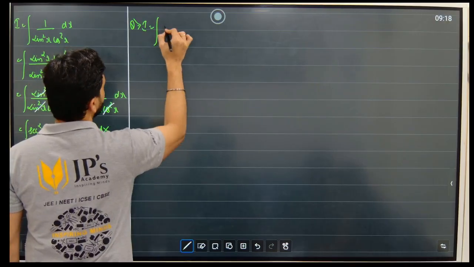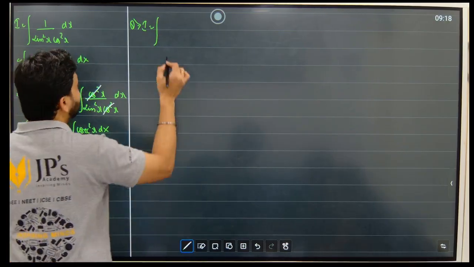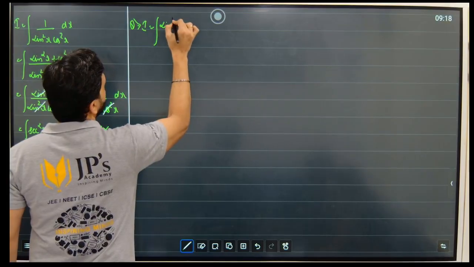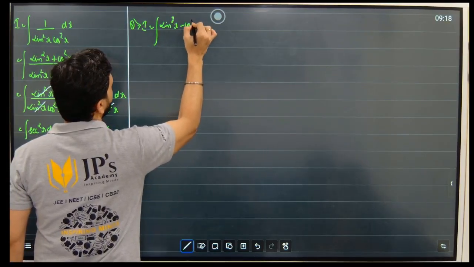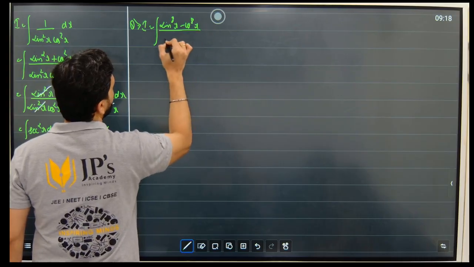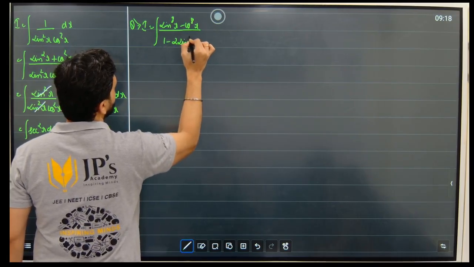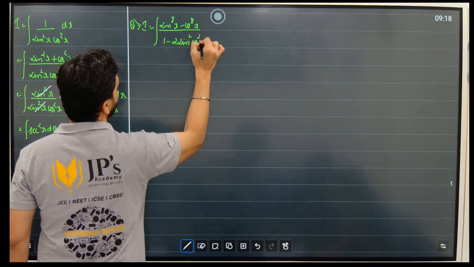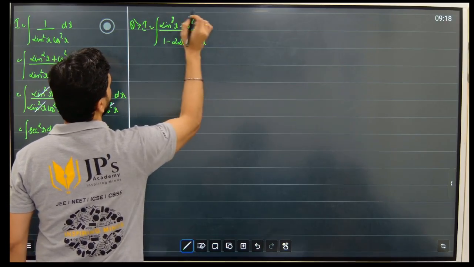Now, I is equal to integration sin raised to 8x minus cos raised to 8x upon 1 minus 2 sin square x cos square x dx.